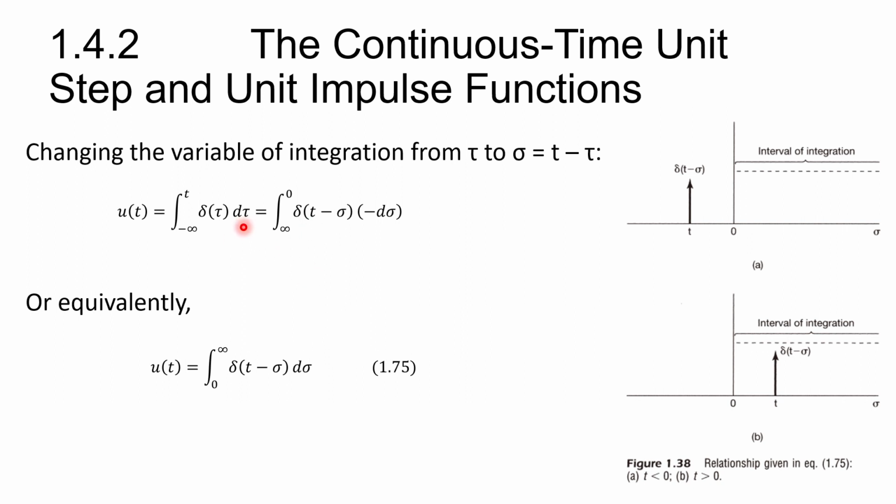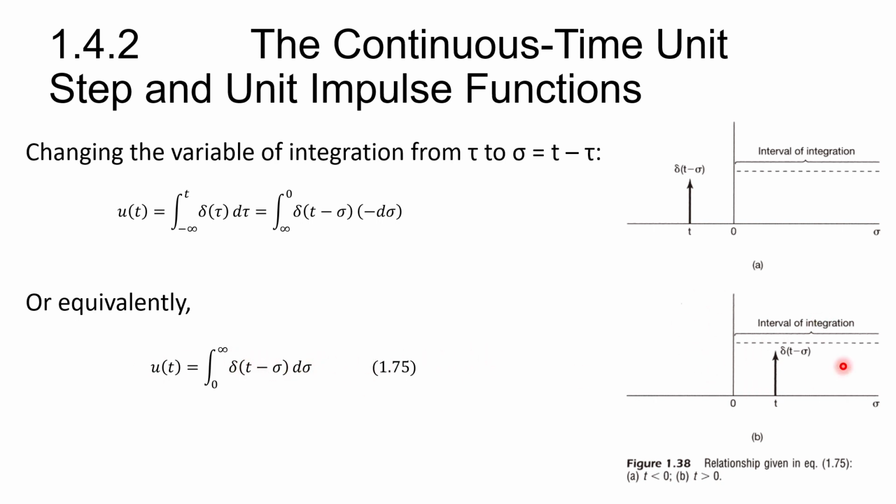Then tau becomes t minus sigma, and t is basically a constant here. So d tau is minus d sigma, and you can check the upper and lower bounds should be 0 and infinity. Then flip it around, and u is now the integration from 0 to infinity of delta of t minus sigma d sigma.